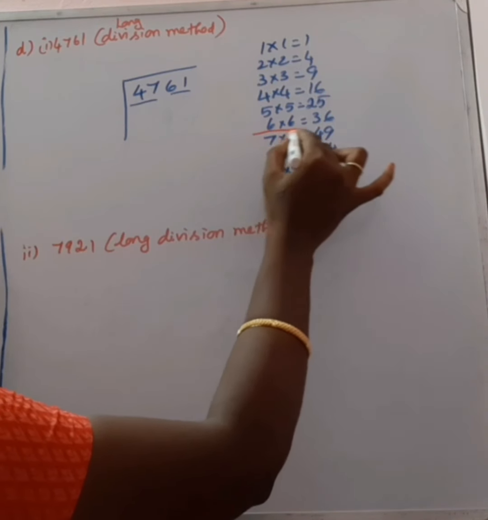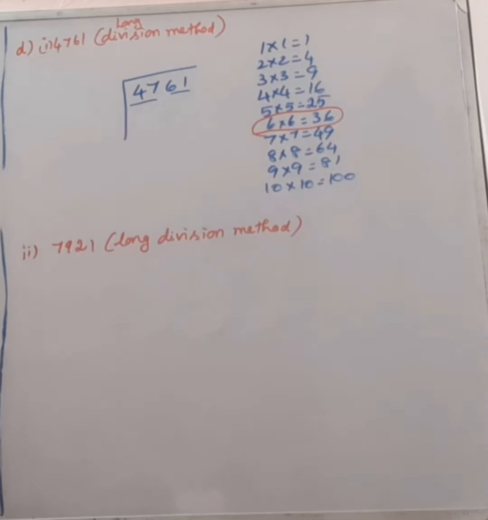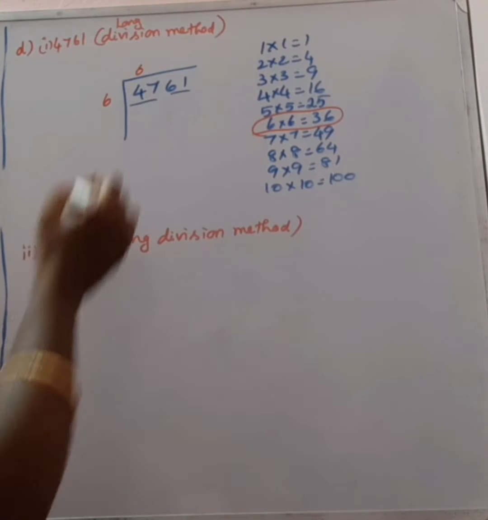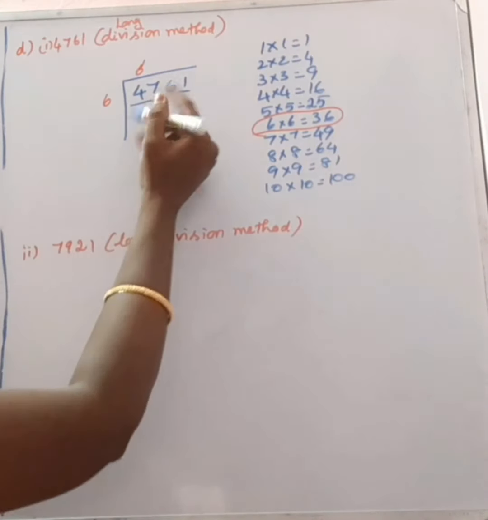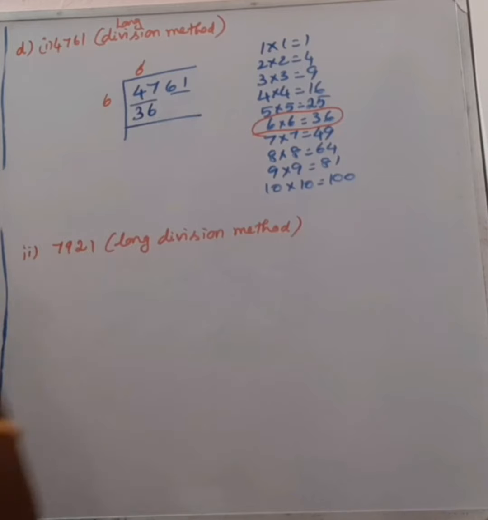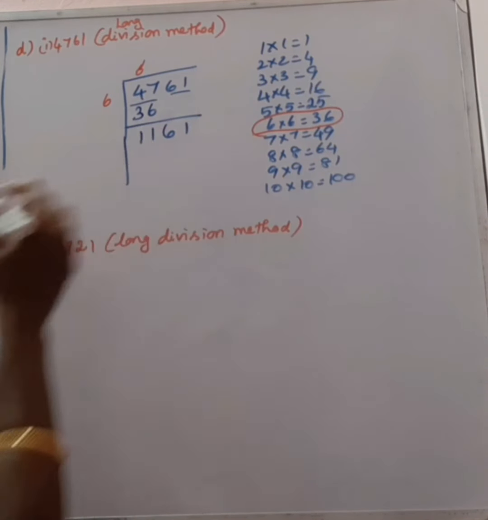So 36 is below 47 in this one. So we want to write the number as 6. 6 6s are what? 36. So what is the remainder? 11. 1 1 6 1.